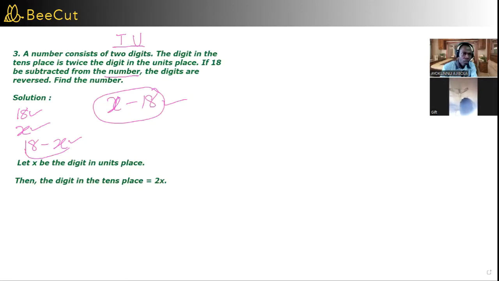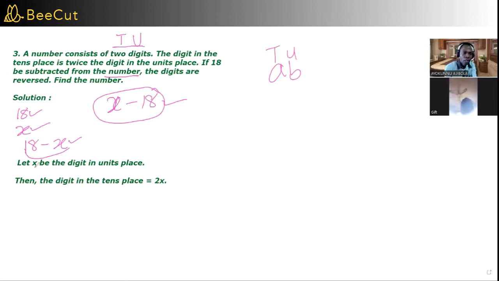So if 18 is subtracted from that particular number, or let us even find our number first. Because we have a number in the unit place and a number in the tens place. If I'm to write a two-digit number, let me use AB for the two-digit number, A tens and B unit.